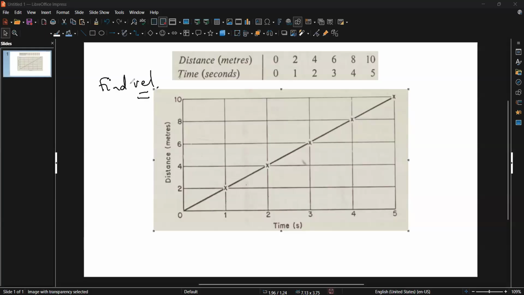Anybody can remember? Sir, is it u equals initial velocity plus acceleration times time? No, we're not using the equations here. We're using the graph.